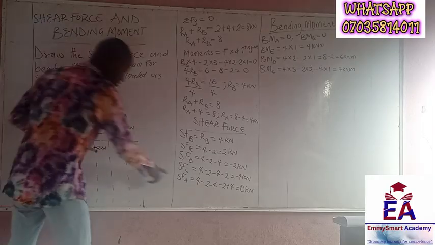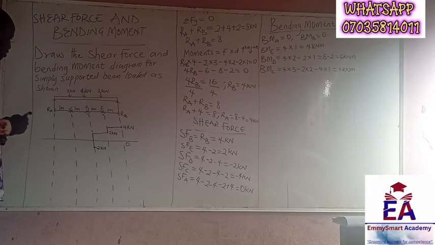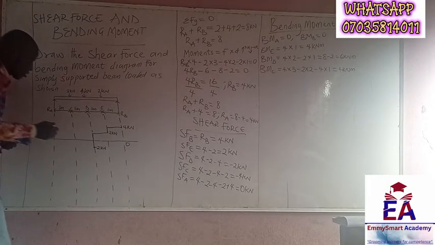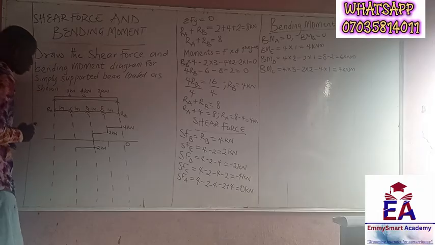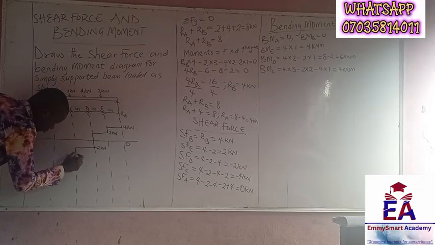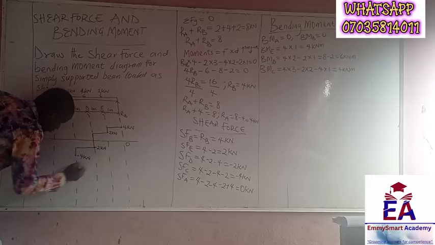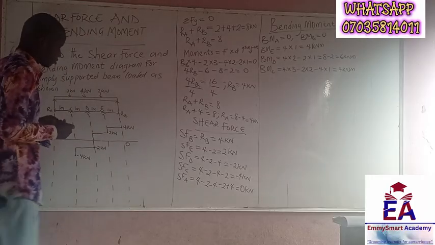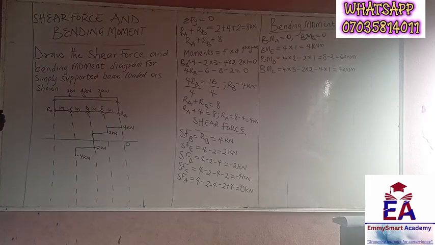So shear force at C will be minus 4 kilonewton. I still maintain that minus 2 kilonewton, and then at this point I'll come down to minus 4. So here will be minus 4 kilonewton. Alright, so the shear force at A is 0.